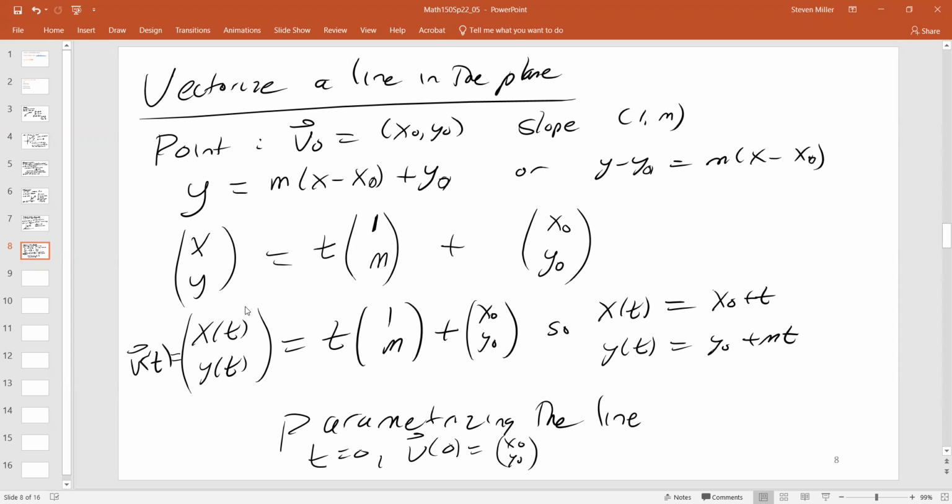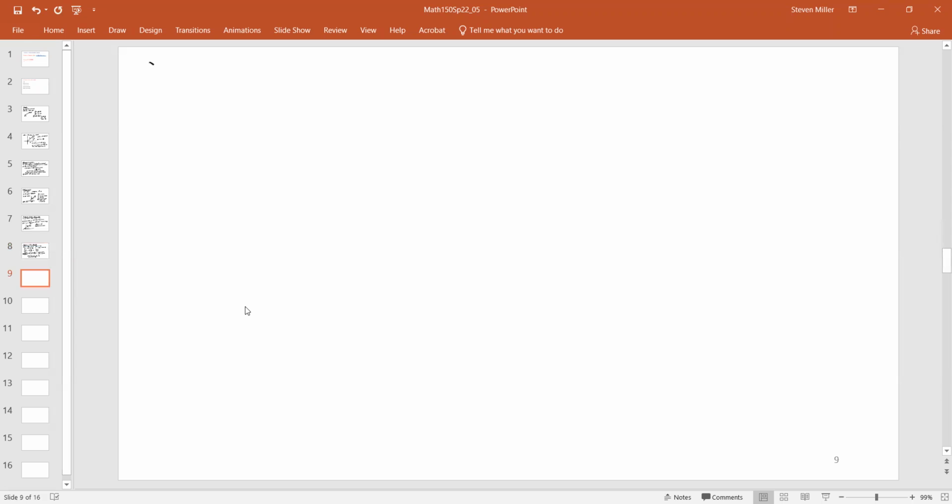When you look at this vector 1, m, this has a really special form. The first component is 1. Could we have the first component be 2? So let's consider x of t, y of t equals, say, x naught, y naught plus t times 1, m.